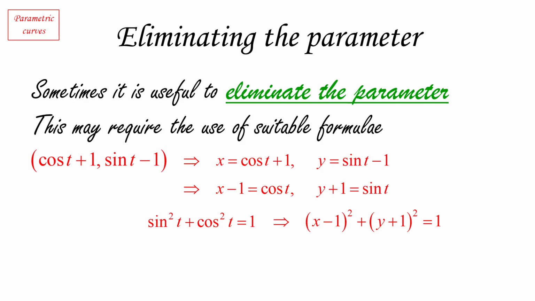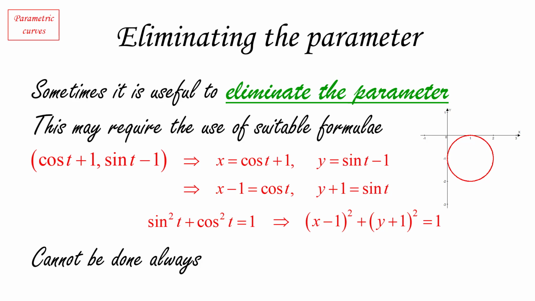Notice also this is not a function. In fact, if you graph this one, or if you've studied something about conics in the past, you'll realize this is actually a circle. So by doing this, we can come up with an equation that links x and y directly without going through t. Once again, sometimes this is useful, sometimes it's not, and sometimes it cannot be done at all. But these are all useful things to know.